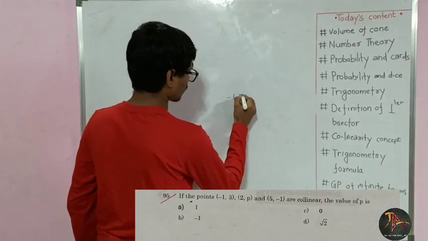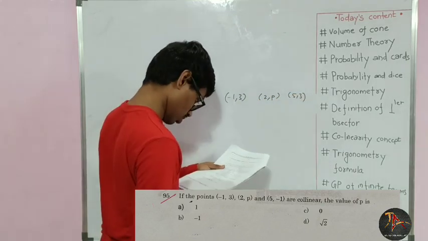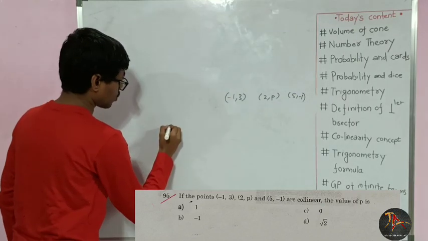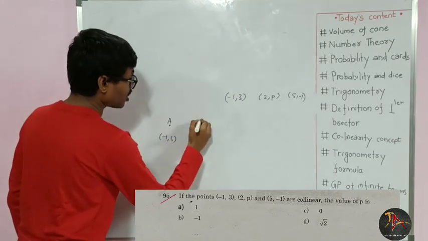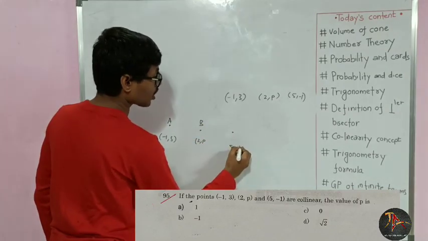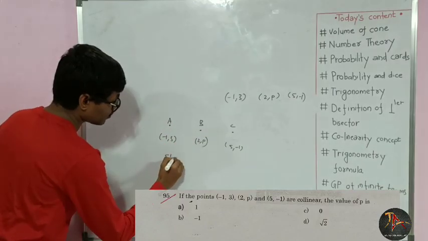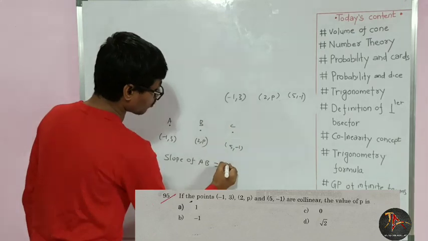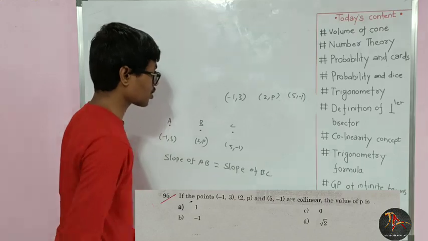Now suppose point A is (-1, 3), point B is (2, P) and point C is (5, -1). Now for collinear points, the slope of AB must be equal to the slope of BC.